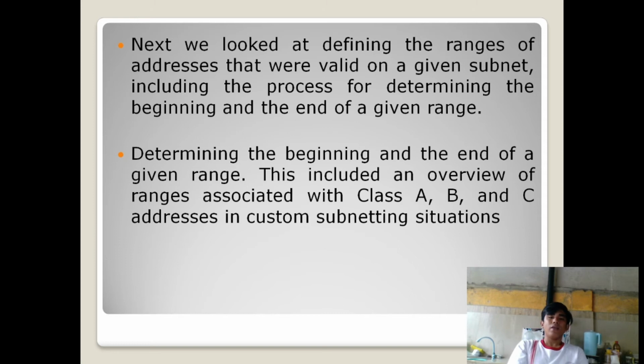Next, we looked at defining the ranges of addresses that were valid on a given subnet, including the process of determining the beginning and the end of a given range.